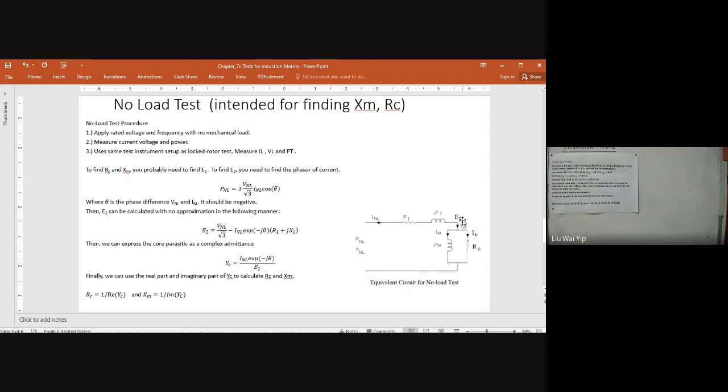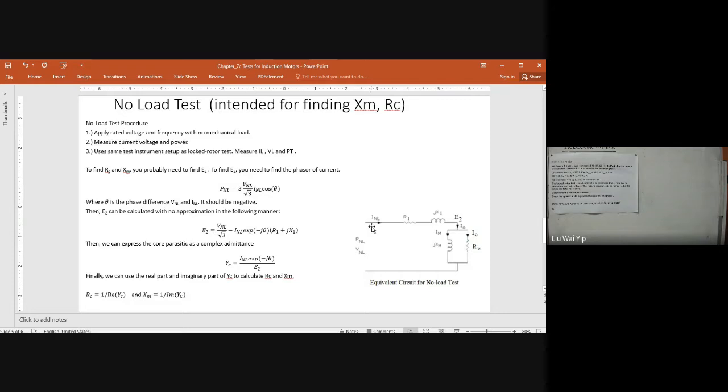We use the phase voltage and subtract the voltage across R1 and X1, so it is the phasor form of the line current multiplied by R1 plus jX1.